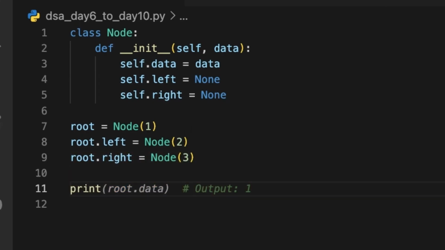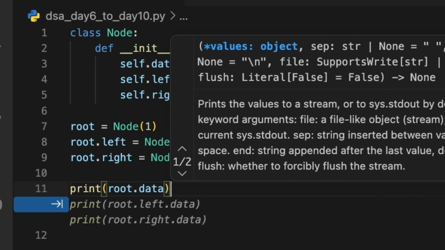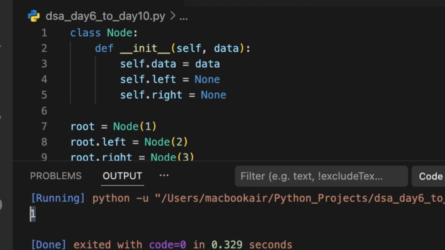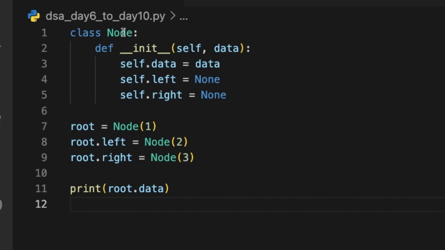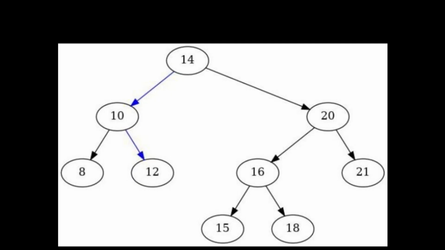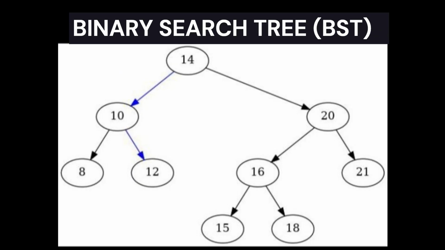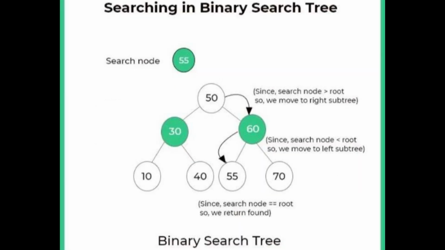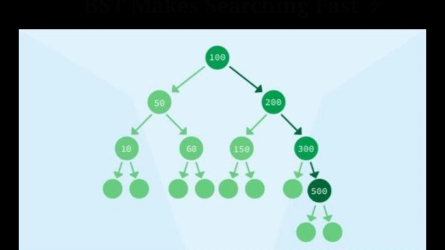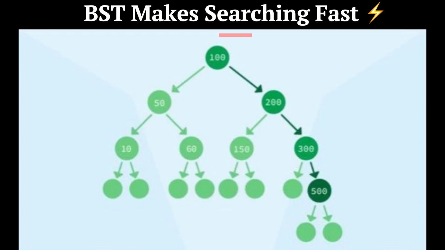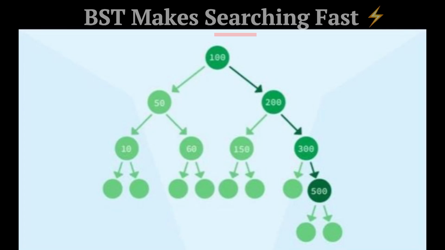These are cool, but what if we want fast searching? That's where BST enters the chat. BST stands for binary search tree, and honestly BST is basically a smarter version of a tree. It follows one super rule: smaller value goes left, bigger value goes right. BST reminds me of that one organized friend.